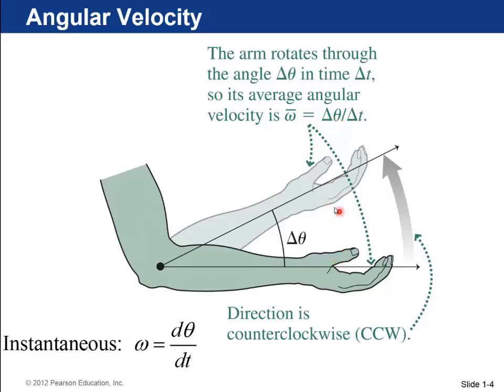And the direction for positive angular velocity is usually counterclockwise, because we usually start from the x-axis and go up towards the y-axis. And then similarly to how we did with regular velocity, the instantaneous angular velocity omega is the limit of the average angular velocity in the limit that delta t goes to 0. So that's the same as the derivative d theta by dt.